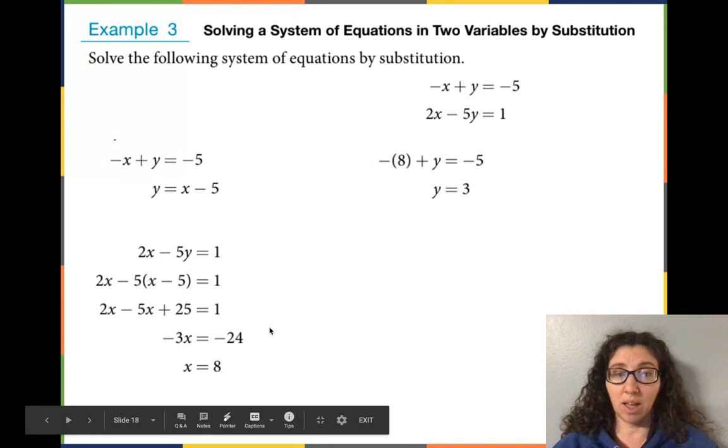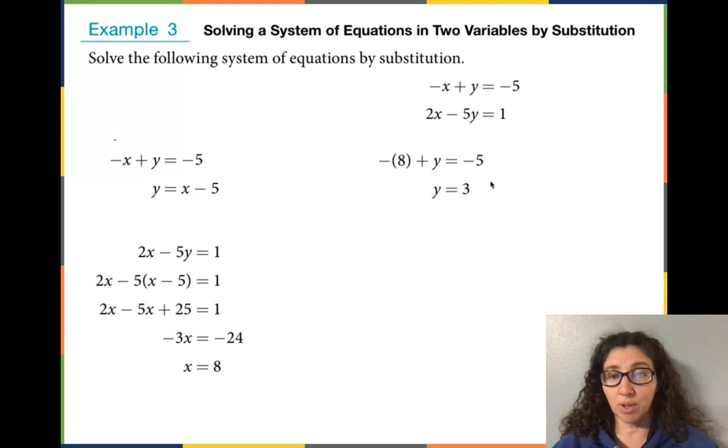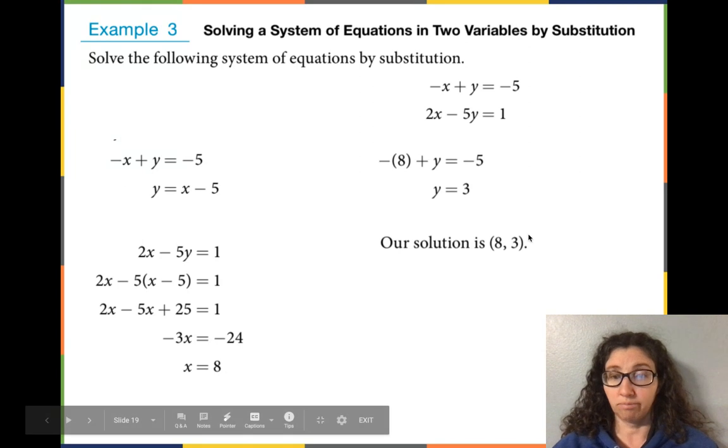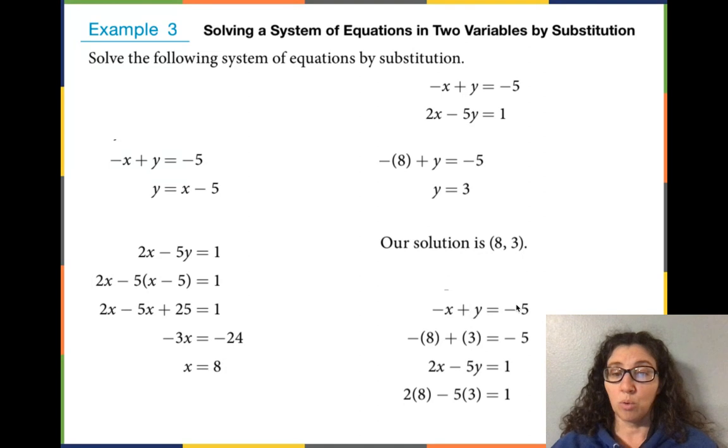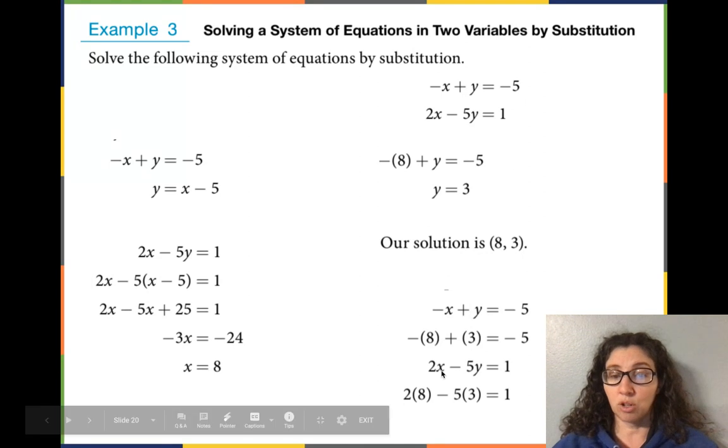So we plug 8 into this equation, we get y equals 8 minus 5, we get y equals 3. So our solution is 8, 3. And we can always verify. We put those x and y values into our original equations and make sure that the statements that we get are true.